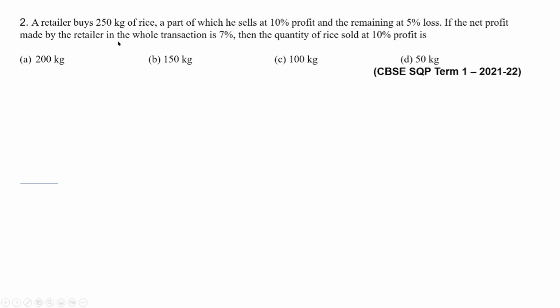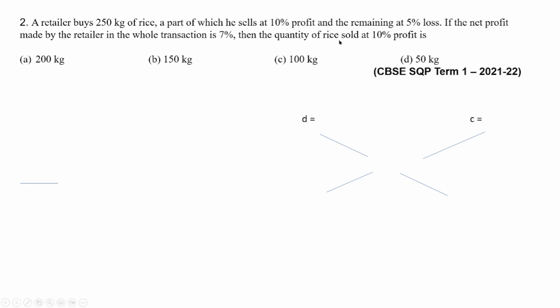The same question is there as an example in the CBSE Handbook. Here the retailer buys 250 kg of rice. So some part of this 250 kg is sold at 10% profit and the remaining at 5% loss, so that the net profit in the whole transaction is 7%. We need to find the quantity of rice sold at this 10% profit.